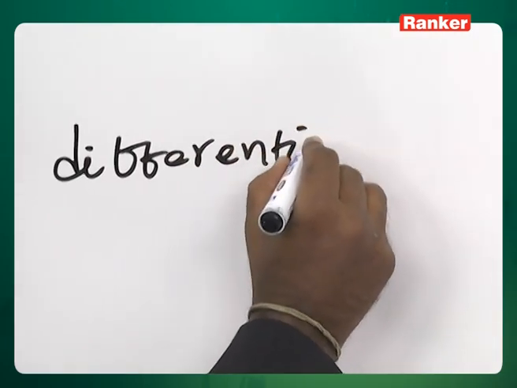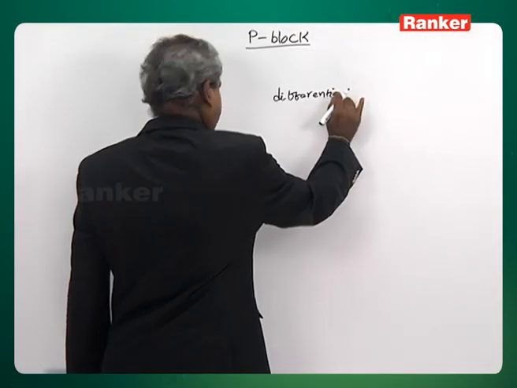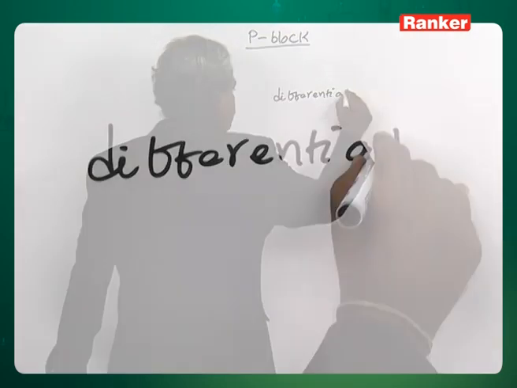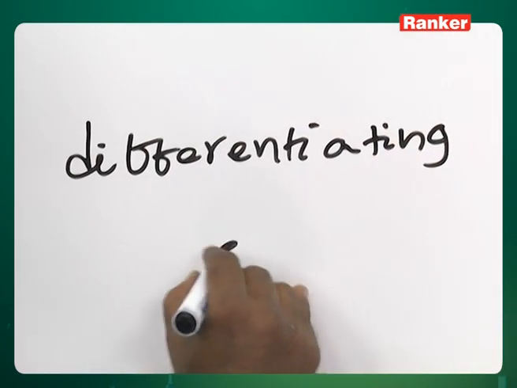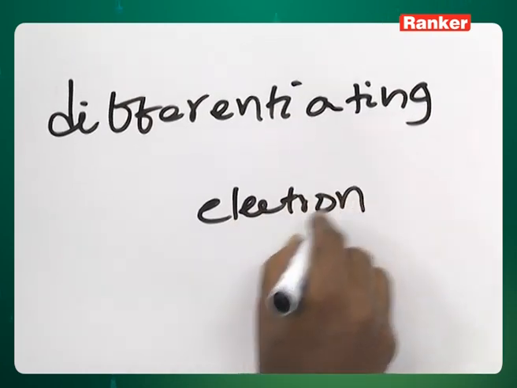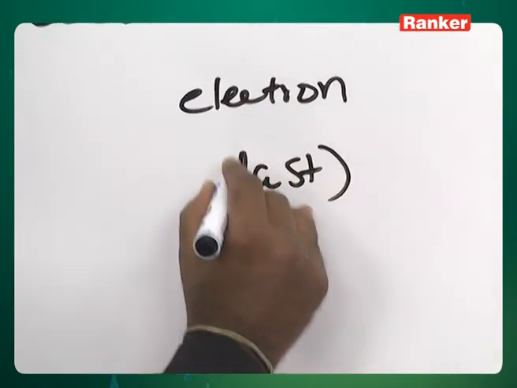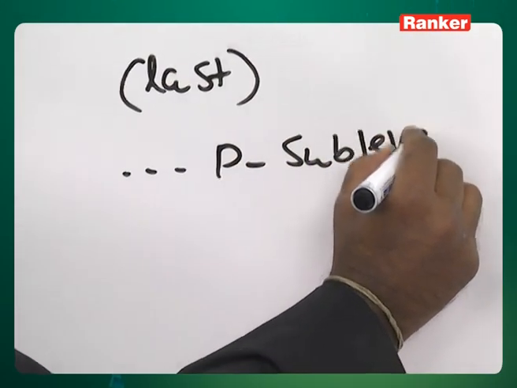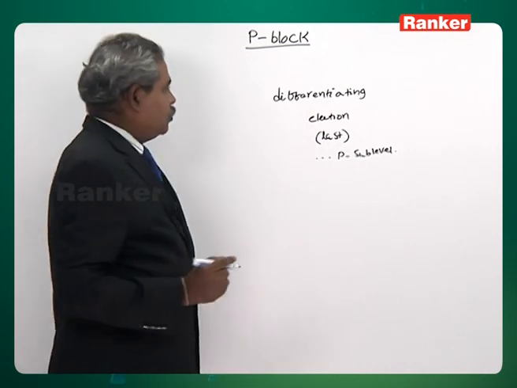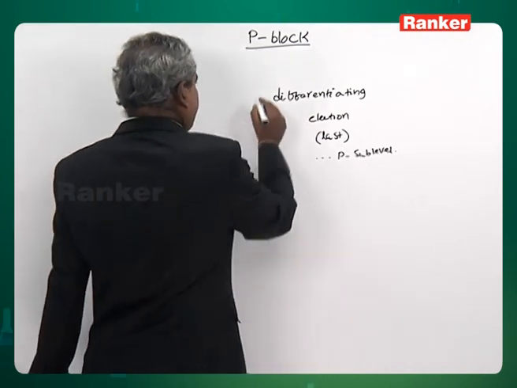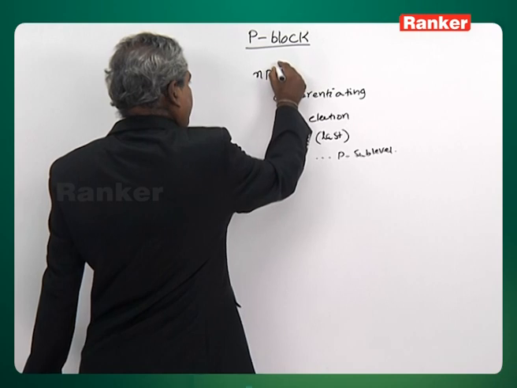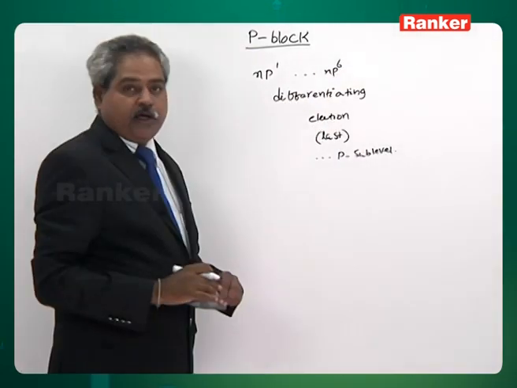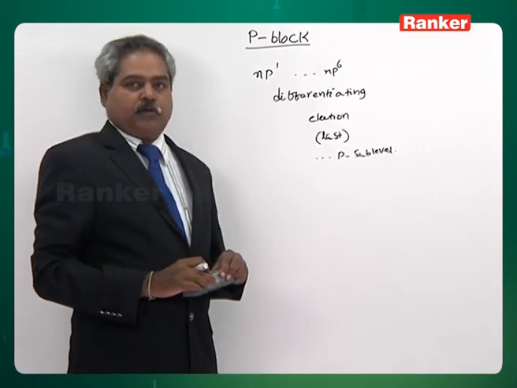The last electron, differentiating electron, the last electron enters P sublevel, then it's called P block. So, you can have the electronic configuration ranging from NP1 to NP6. Therefore, there is scope for 6 groups in P block.